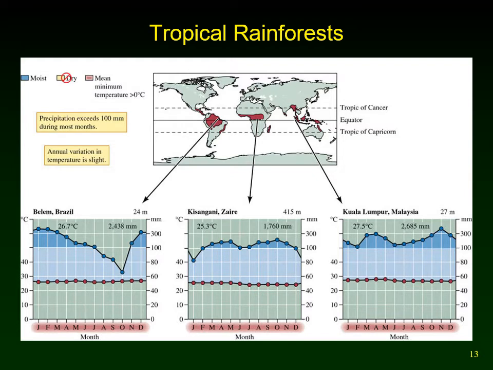So we find this narrow band of tropical rainforest right along the equatorial region, where the precipitation in general exceeds 10 centimeters every month. And so over the course of the year we end up getting meters worth of precipitation.